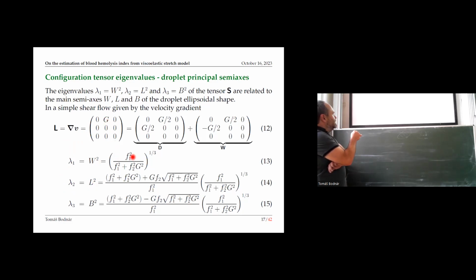So you can calculate it explicitly for the simple shear rate, and then you will observe that these eigenvalues are just squares of the semi-axes of the new ellipsoid that you will obtain under this shear being applied. And then you can play with this one. So you are able to calculate the new shape coming from the original undisturbed or spherical shape. And you can do it explicitly for this very specific flow field.